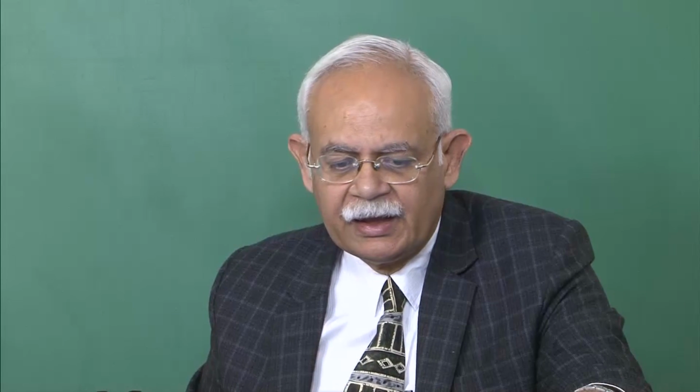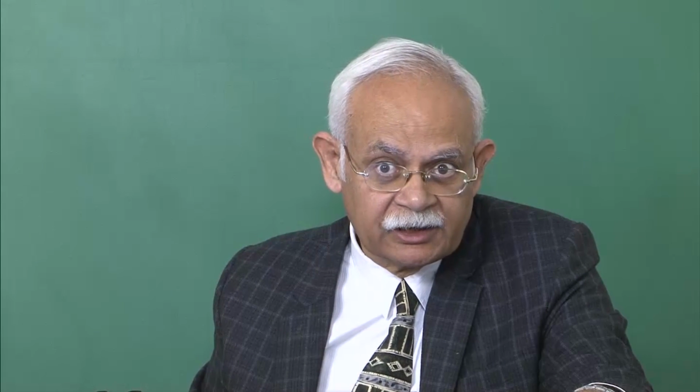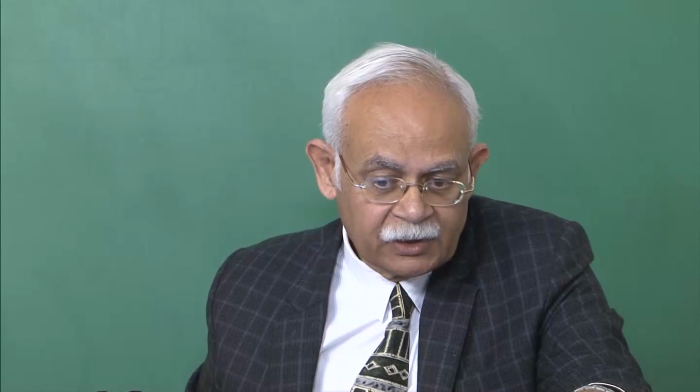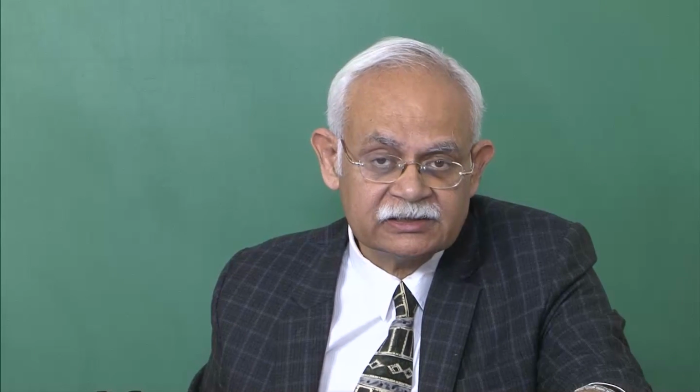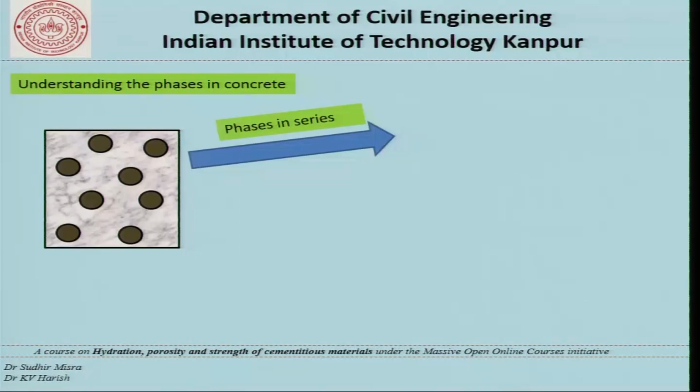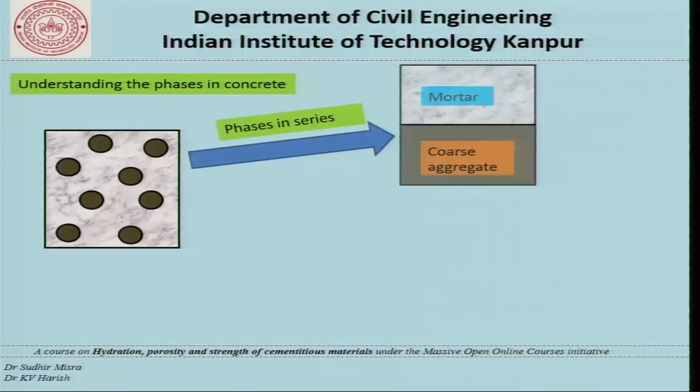Now, if we were to look at this model more closely, we can model it as a series representation where, from a load application point of view, if the load is being applied like this, all this mortar here is lumped at one place, and all this coarse aggregate is lumped at one place, shown here.